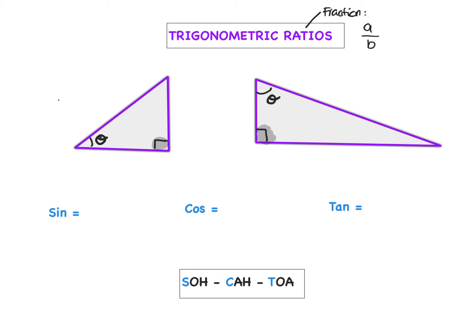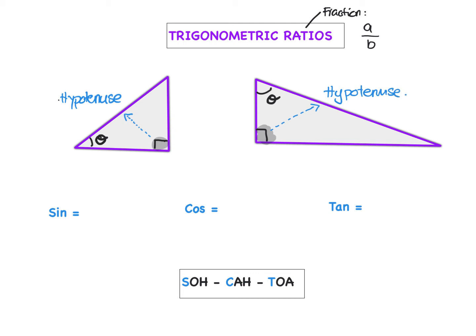If you remember back when we did Pythagoras, the side that's opposite that right angle, what was that called? Good, that was the hypotenuse. So you need to write that in. Even on this other triangle, because it's opposite the 90 degrees, that is the hypotenuse.